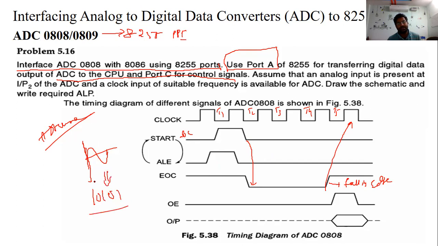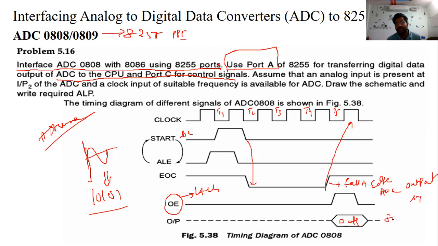Otherwise, if the input is changing, the output is constantly changing, so we will not get the exact output results. Once OE output enable is given, the data is given into the latch. Once it is enabled, the EOC conversion data is loaded into the output lines of the ADC.